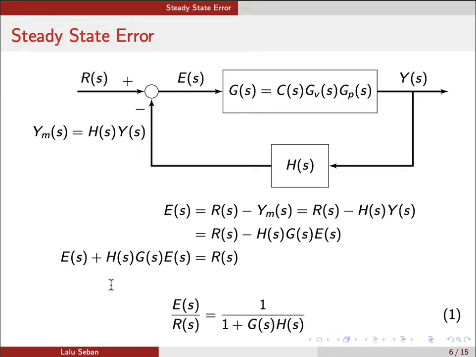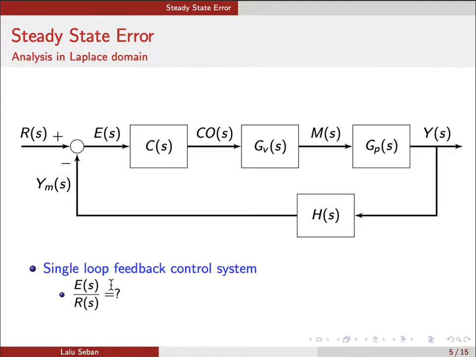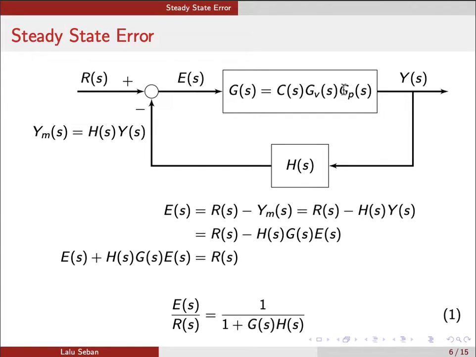So applying the block diagram reduction, the three blocks in the forward path, that is the controller transfer function C of S, the final control element or actuator transfer function GV of S, and the process transfer function GP of S, all three are cascaded together, and this is the net transfer function G of S. H of S, as represented earlier, is the feedback path transfer function.